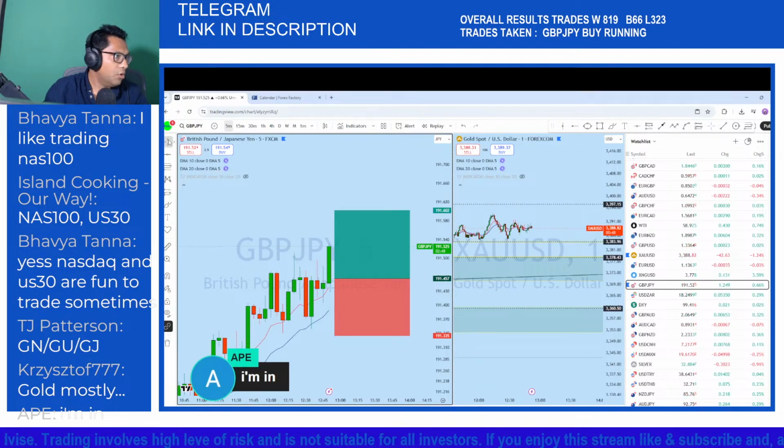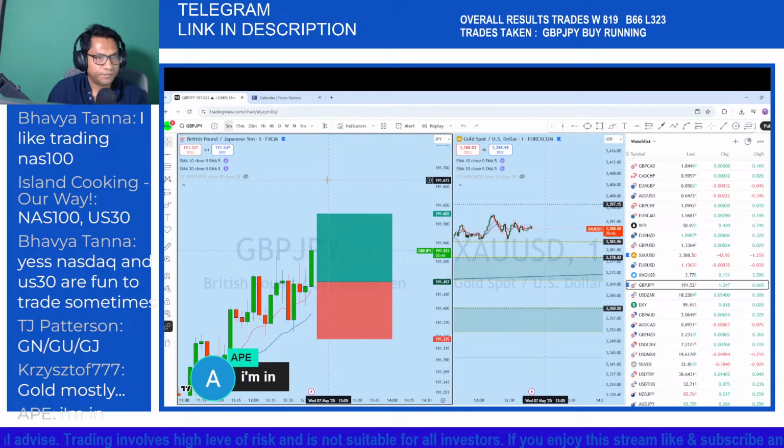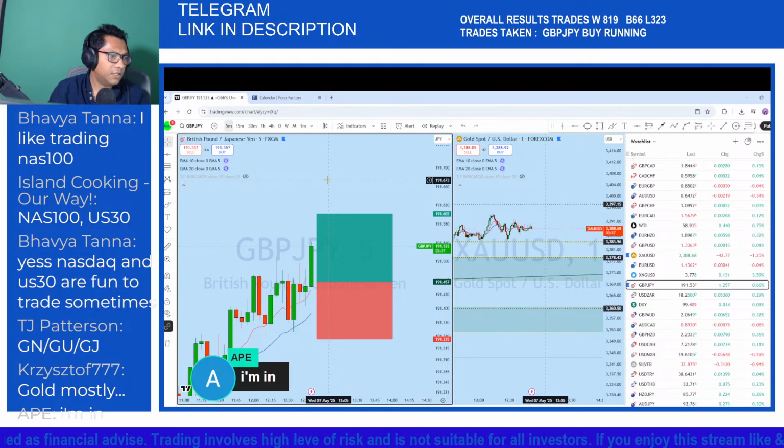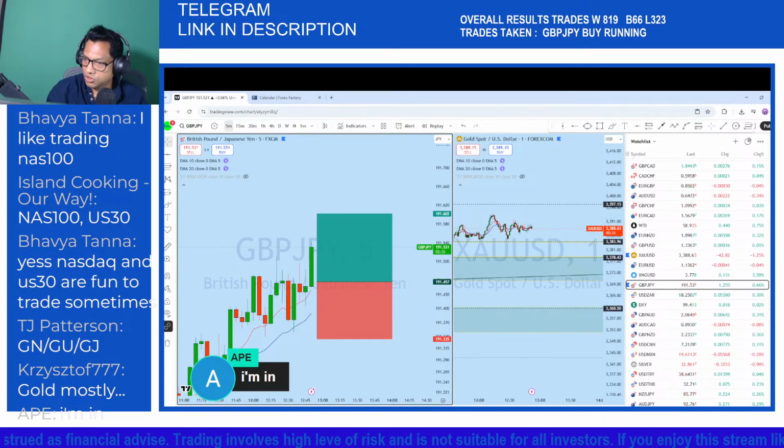We can see that move, and on this one it's heading back to the upside, which I think we may see that potential continuation.